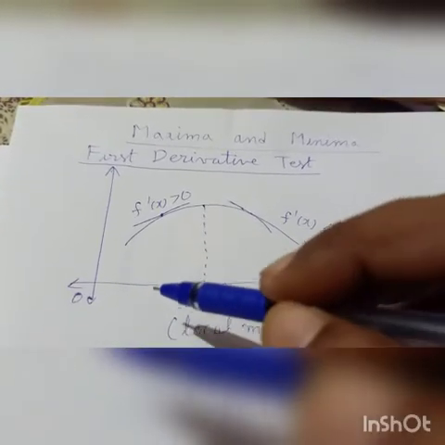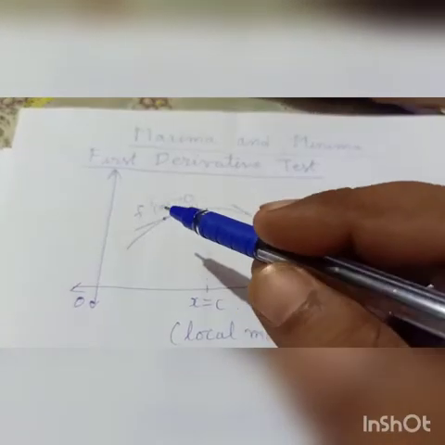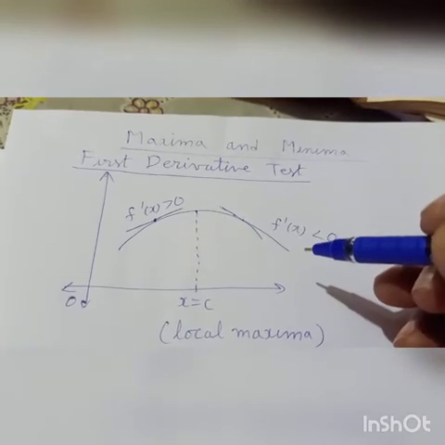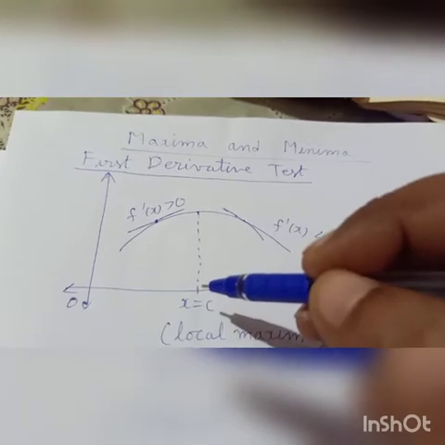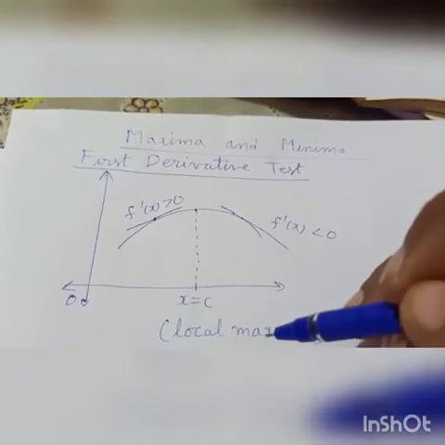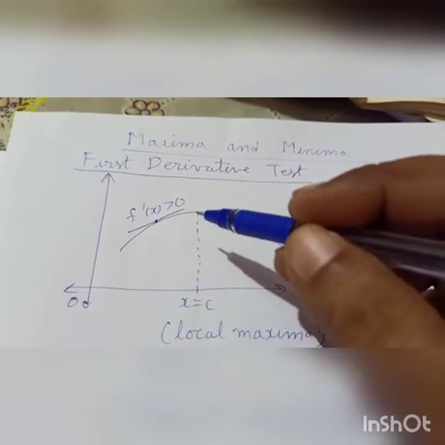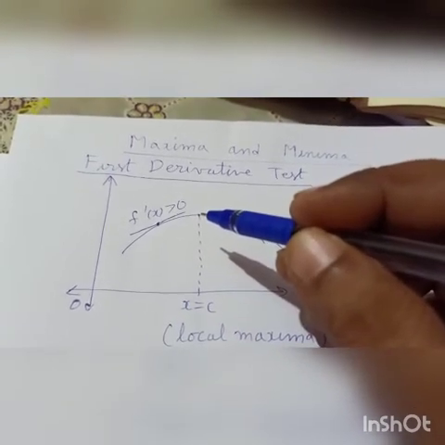So if we pass through this point c, f'(x) changes sign from positive to negative. In this condition we can say that this point c is a local maxima, because at this point we will get the maximum value of f(x).